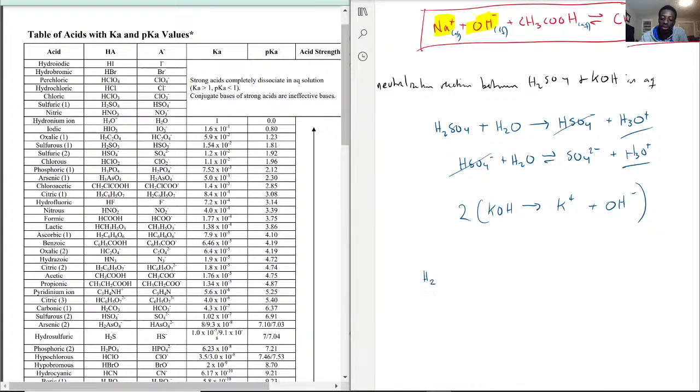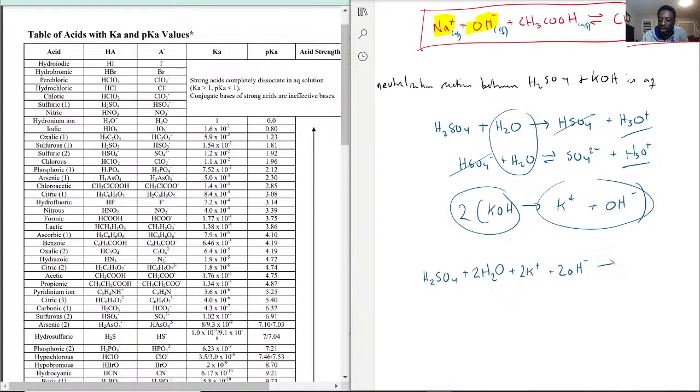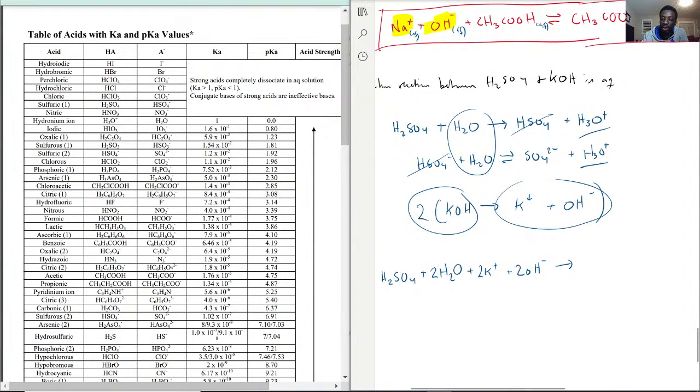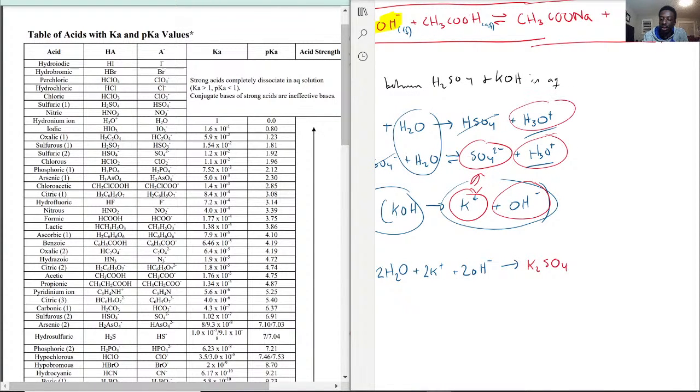So we have H2SO4, okay, plus 2H2O plus, right here, well actually we can just write this part because they are dissociated in the water, but here 2K plus, 2OH minus turns into, and then we have these two here form the K2SO4, okay, and then now we have 2OH minus plus 2H3O plus, and actually together these two are actually just 2H2O.